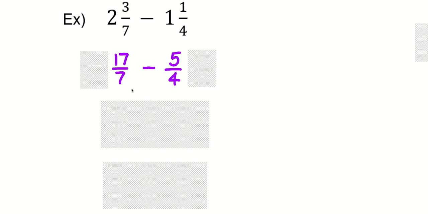Now you can move on with it, and the denominators don't match. How can I make 4 and 7 match as denominators? I can't just multiply something to 4 to make it match the 7. So what do you got to do?